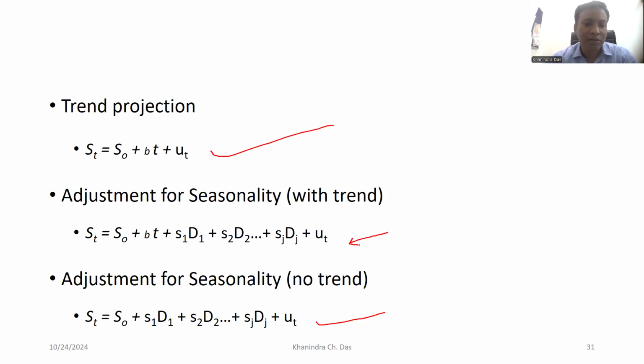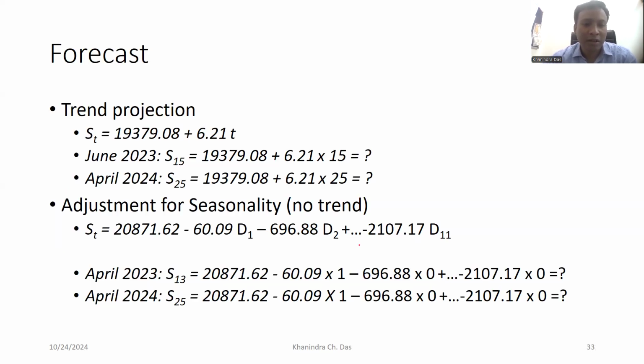And the third equation, which is estimated, has the empirical parameter estimate of constant equal to 20,871, followed by the seasonal dummy estimate, the dummy for the first month of the financial year, which is minus 60, followed by the other dummies.